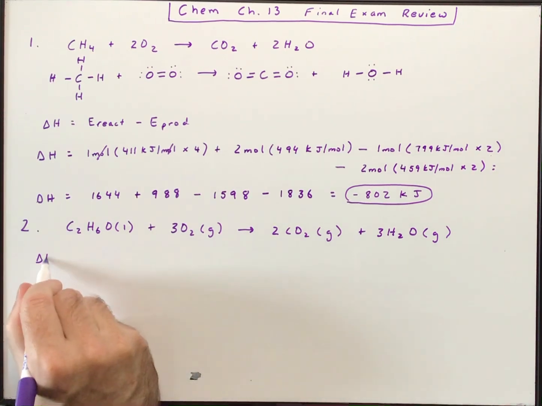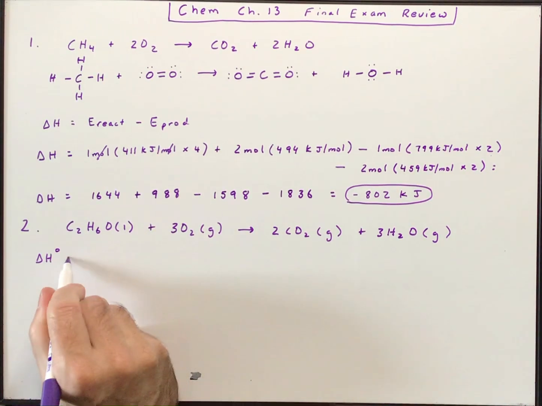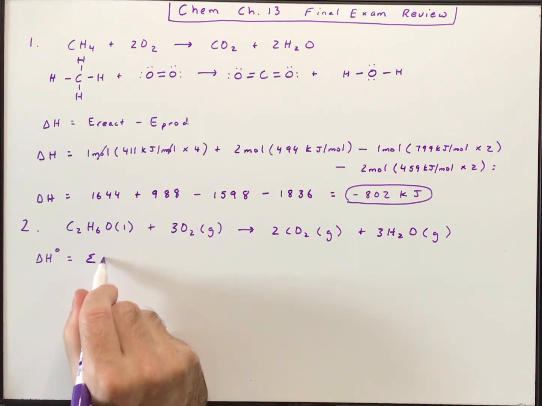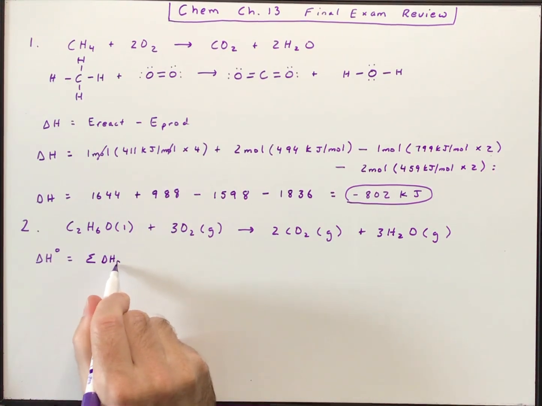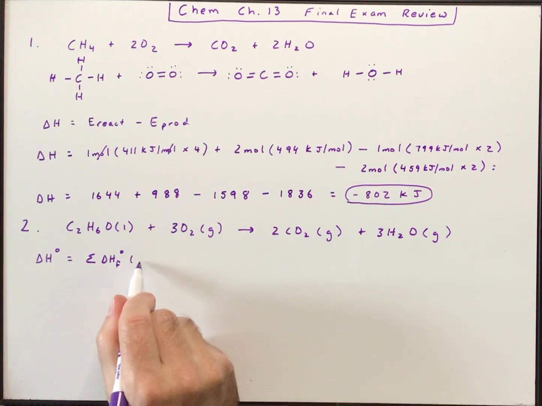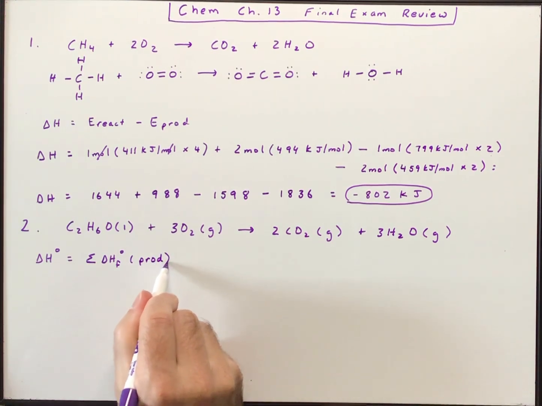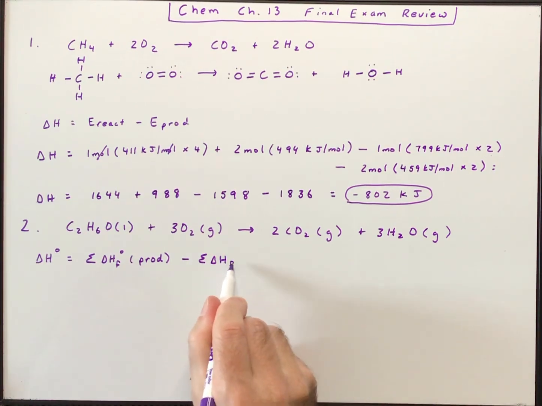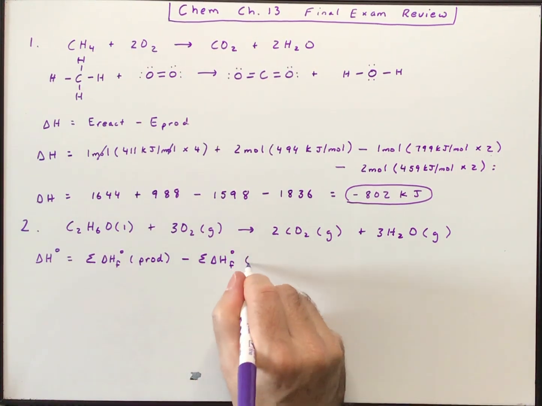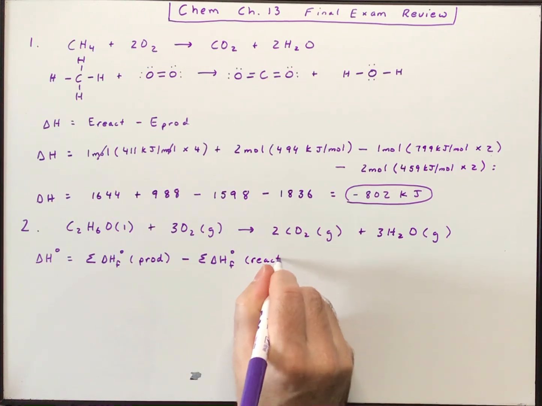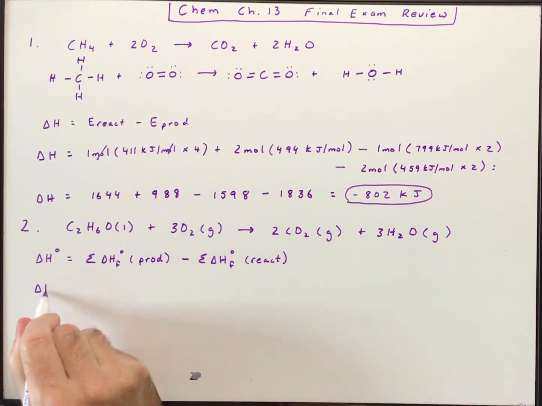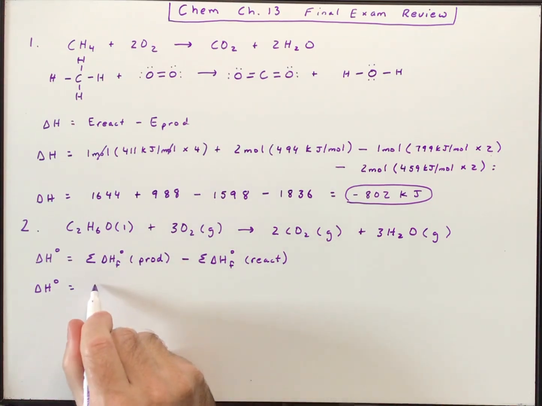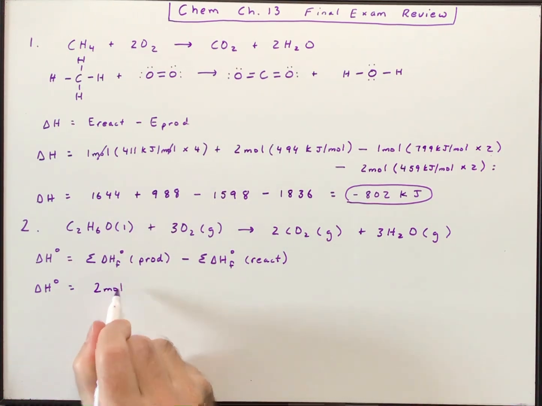Now delta H, standard conditions, is equal to the sum of the enthalpy of formation at standard conditions of the products minus the sum of the change in enthalpy of formation at standard conditions of the reactants. So we're going to start on the product side. So we have, for CO2 gas, 2 moles.